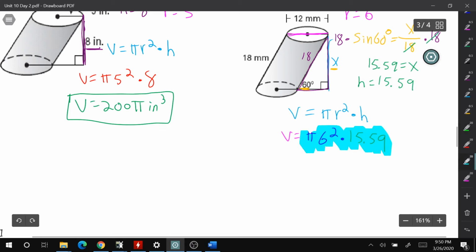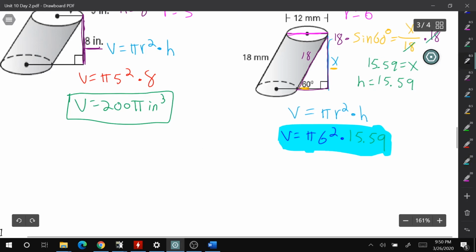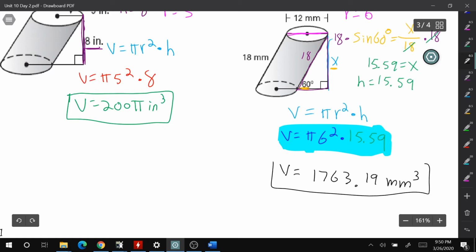I wouldn't simplify anything. Just type that in, and the volume is going to equal 1,763.19 cubic millimeters.